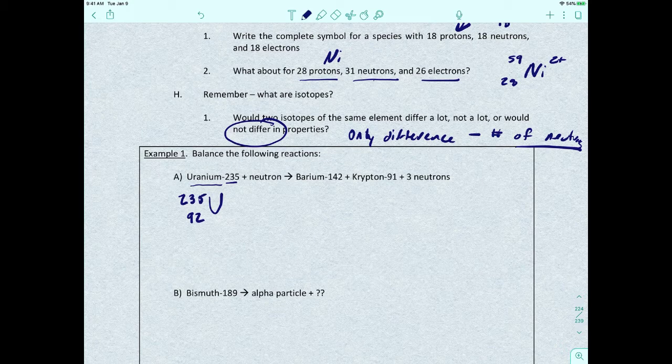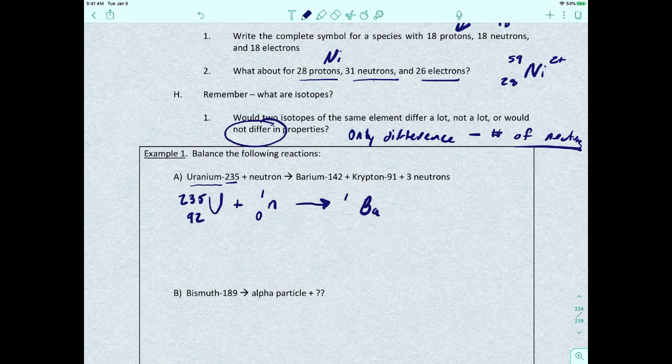We're going to add a neutron to the mix. Remember that we write the neutron as a lowercase n. It has a mass of 1 and 0 for the atomic number, and that's the left-hand side of the equation. Okay, so let's write the other one, the right-hand side. You've got barium-142. The atomic symbol for barium is Ba.